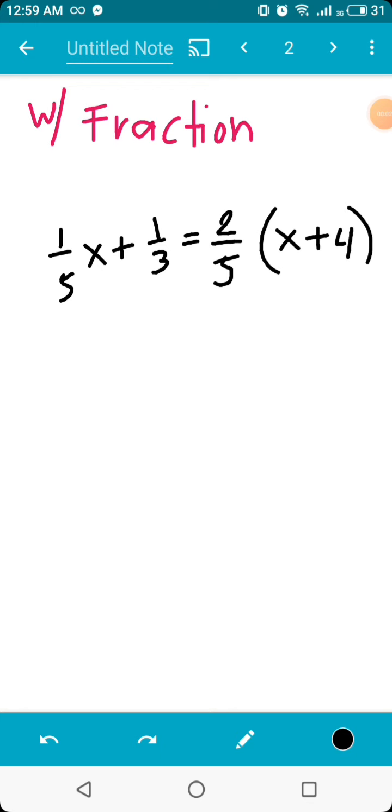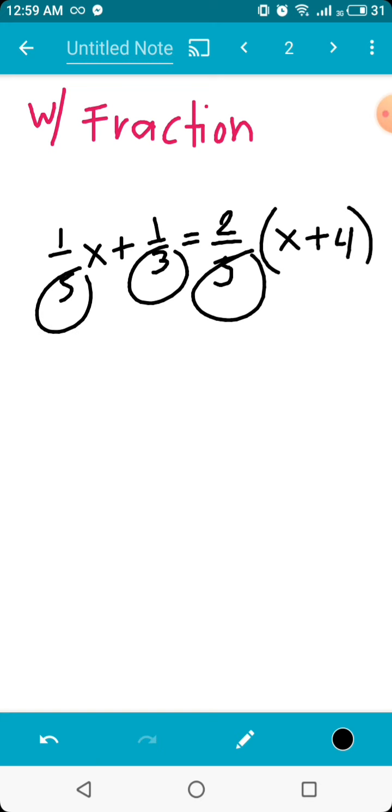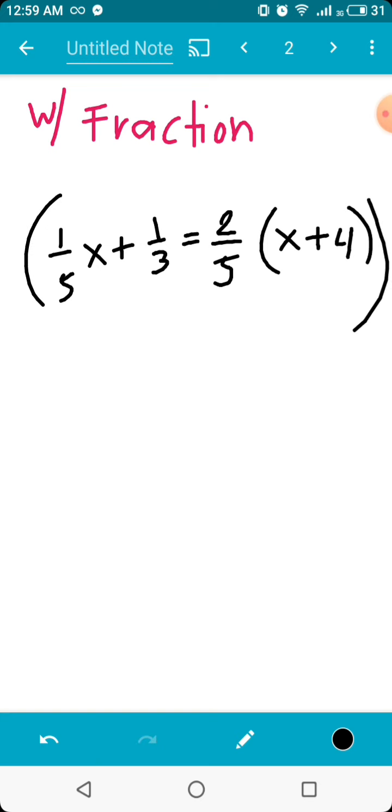Okay, so other way to solve this, kung ayaw nyong unahin tong distributive property, is kunin nyo agad yung GCF ng denominator ninyo. Okay? So, since ang denominator pa rin naman nila, or GCF pa rin nila is 15, i-times nyo na yung buong equation sa 15. Okay? But, except dito. Alright?